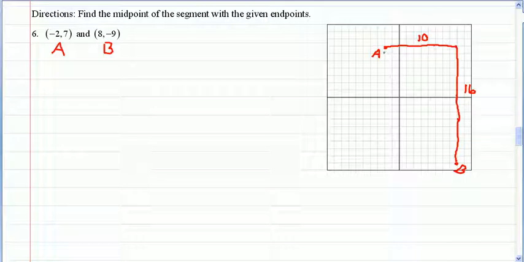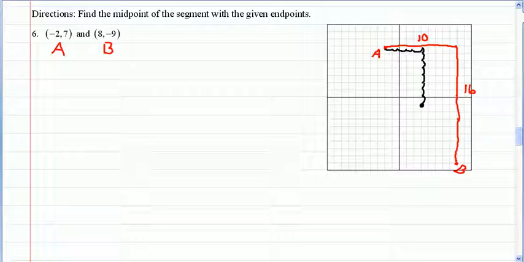So to find the exact location of the midpoint from point A, instead of moving over 10 spaces horizontally, I'm only going to move over 5, just half the length. And instead of moving down 16, I'm going to move down 8. So 1, 2, 3, 4, 5, 6, 7, 8.